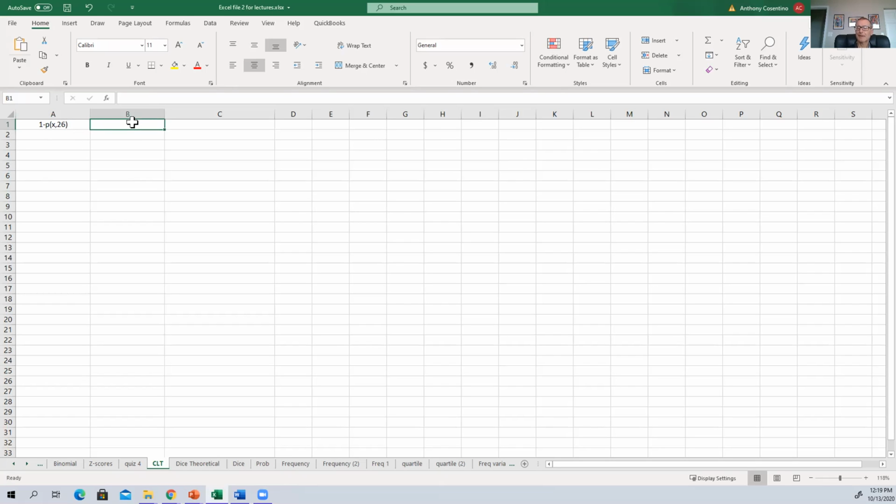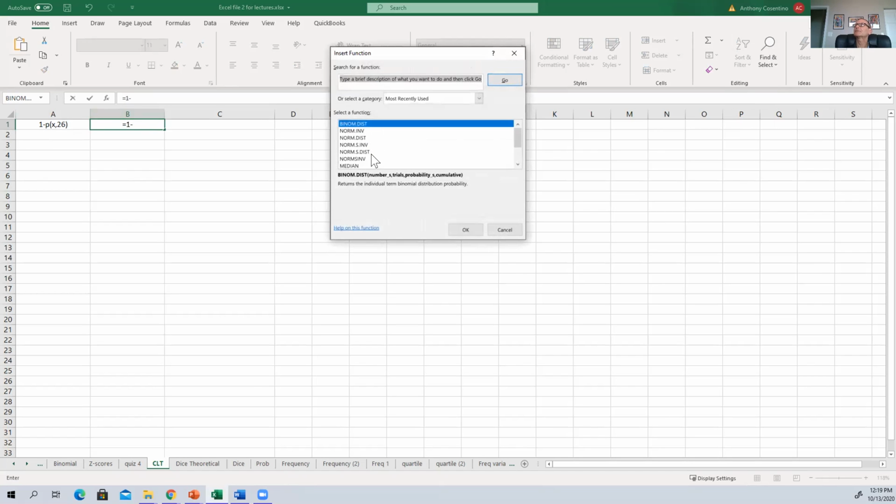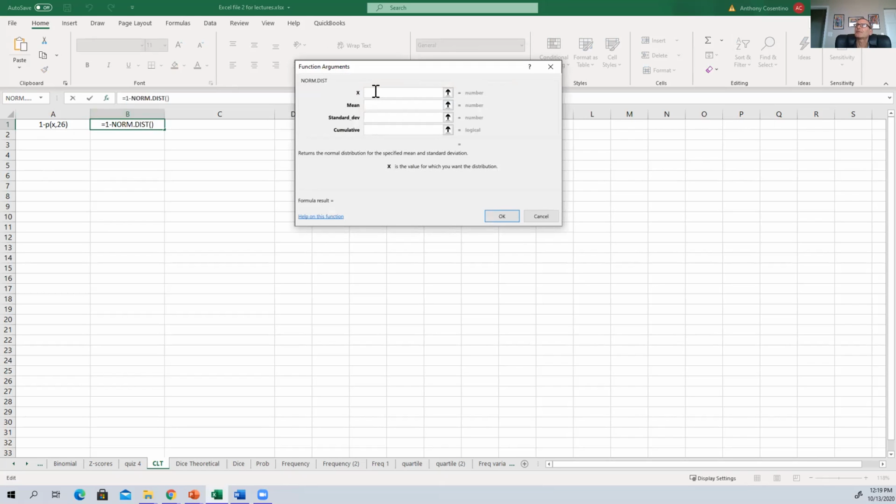To do that calculation, it would be equals 1 minus the norm.dist function. Here we would have 26, here a mean of 25, here our standard deviation, which is what we just calculated, 0.85, and here we would have true.